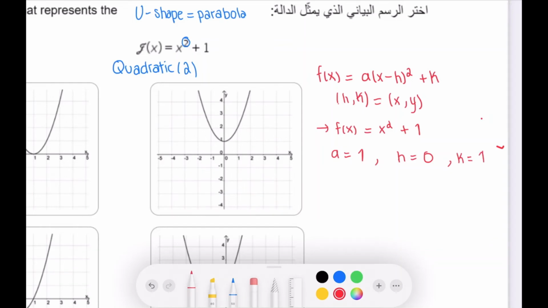So if we want to find the vertex, it would be h and k, which is here 0 and 1, which is equivalent to x and y, so it would be 0 and 1. So this would be the vertex of the function.